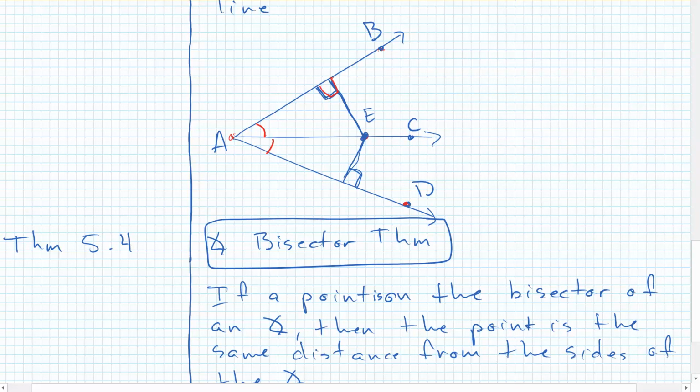And the right angles can be on the exterior rays, AB and AD, or they can be on the interior ray, like this. If this is a true angle bisector, AC, point E is the exact same distance from both of the exterior rays. That's really all 5.4 is saying.